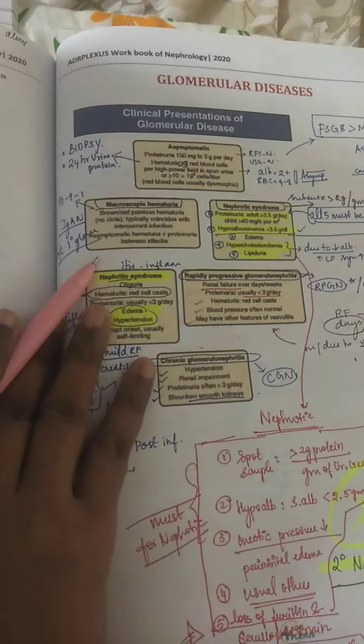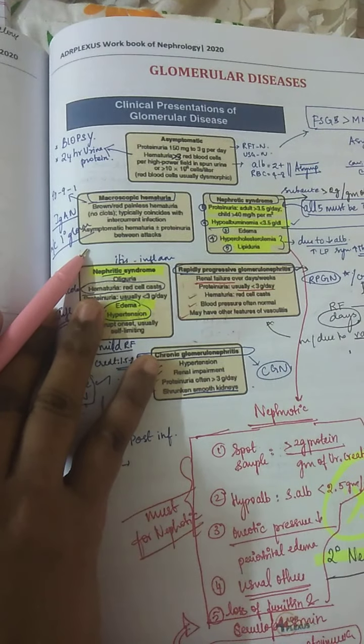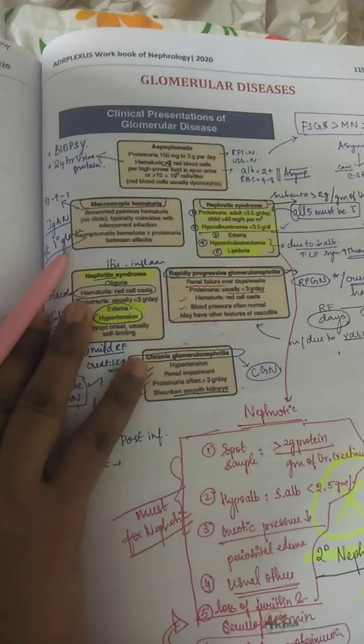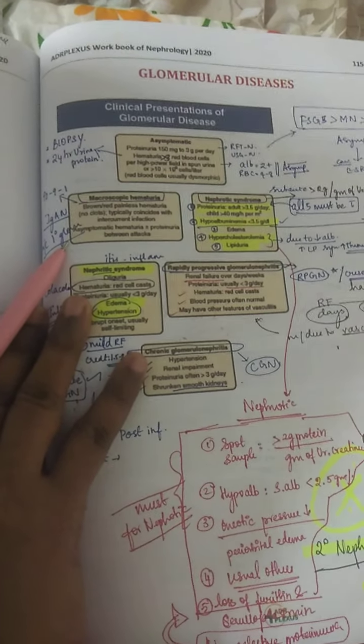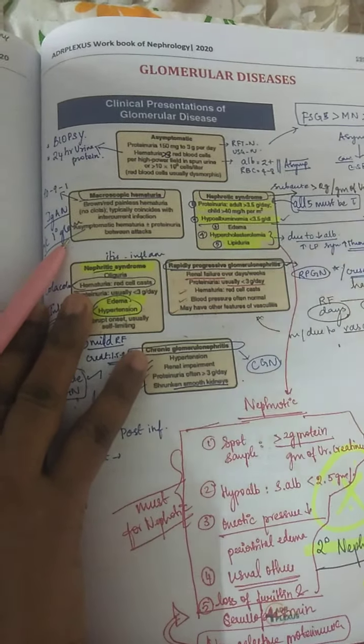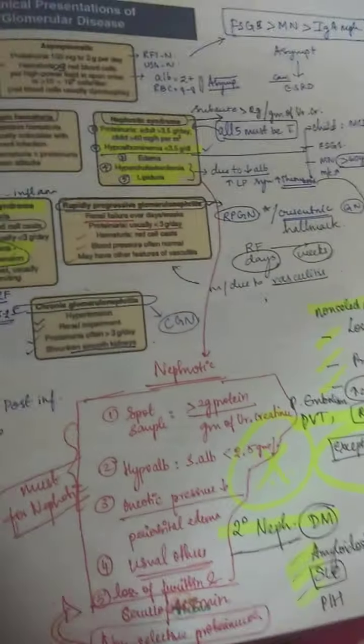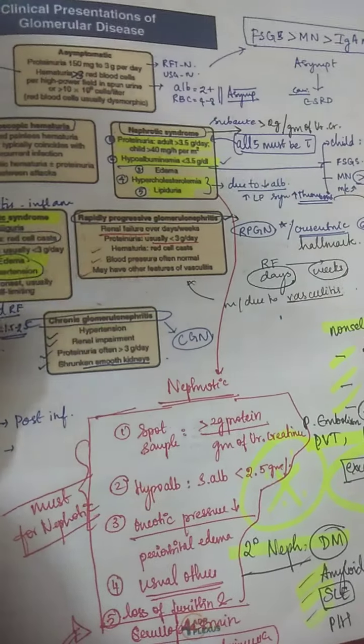Macroscopic hematuria: you'll have brown-red painless hematuria, typically coinciding with infection, and the most common cause of macroscopic hematuria is IgA nephropathy.